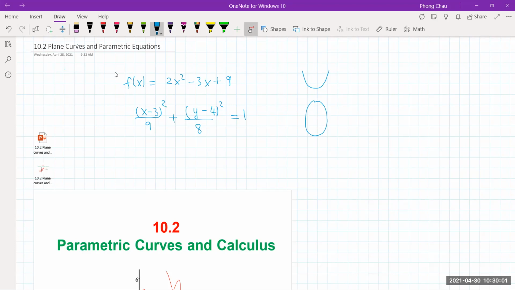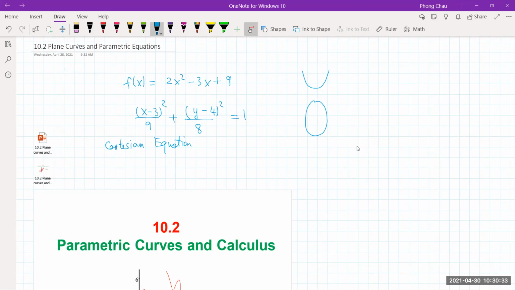Now we're gonna call them Cartesian equations, or sometimes rectangular equations. It's just because our equation in x and y is defined based on the x and y coordinate system, or the Cartesian plane.